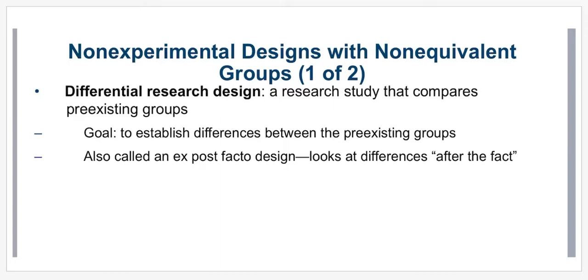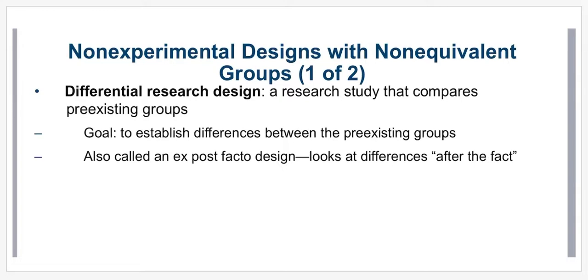Your book points out that a lot of social psychology and personality psychology research is done with this differential research design, because most of the theories and things in social psych and personality are pre-existing, right? Like personality types or things like that. Attachment styles was an example they used in the book as well.